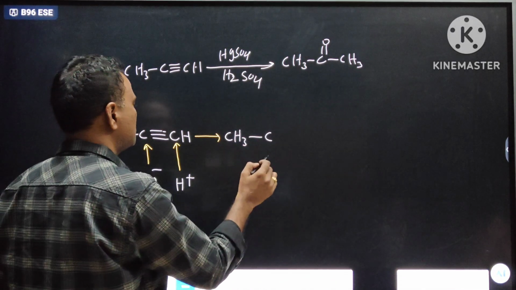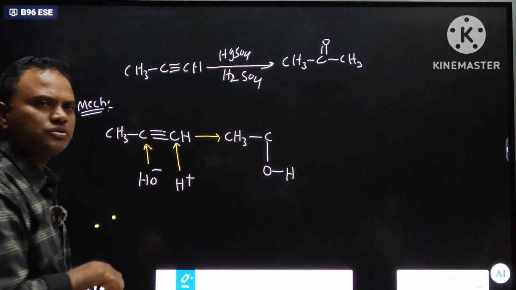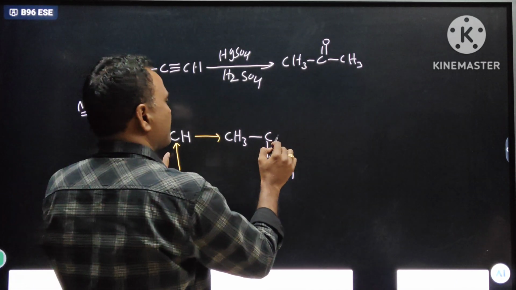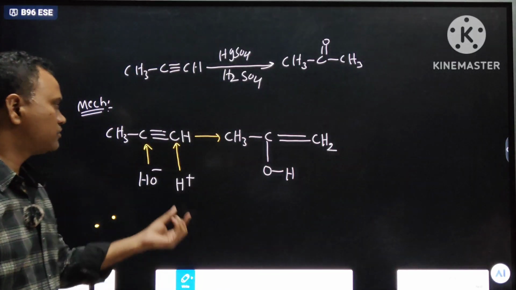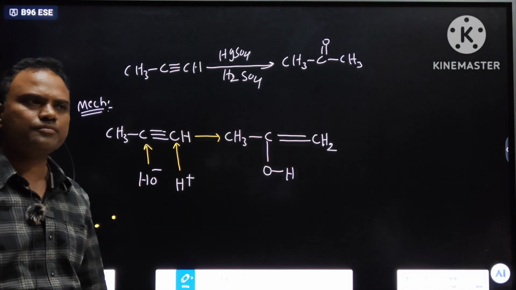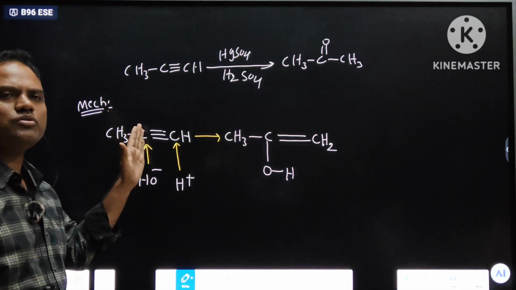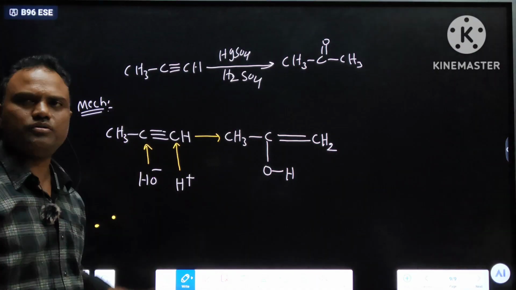CH3 C OH. Can I write OH like this, HO or OH? All are the same. CH2, here only H is attached. Markovnikov's rule means the negative part of the reagent adds to the carbon with less number of hydrogens. If there is no hydrogen, that is the less number.